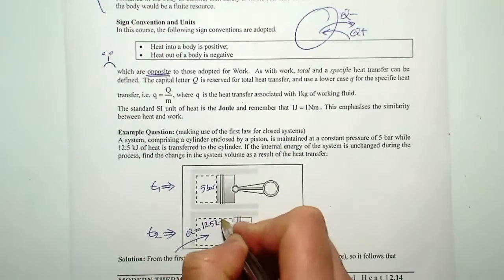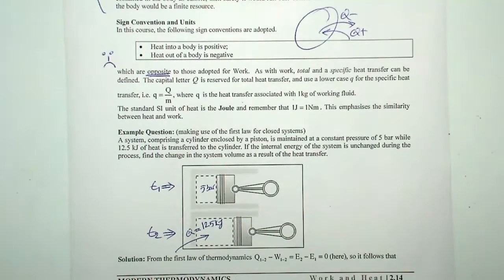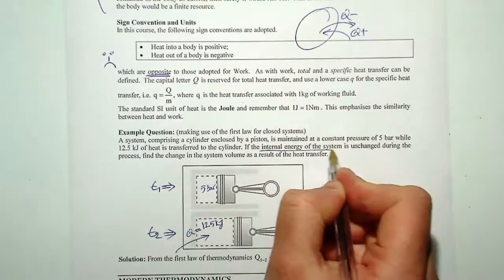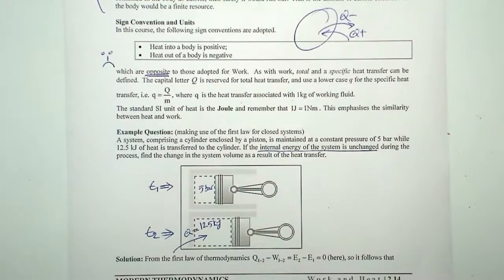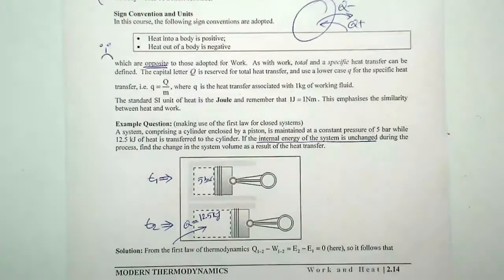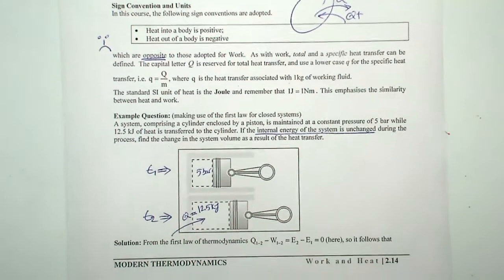12.5 kilojoules of heat is transferred to the cylinder, but the internal energy is unchanged. And that's an important assumption here. What we want to find is the change of volume in this case as a result of introducing that heat into the cylinder.